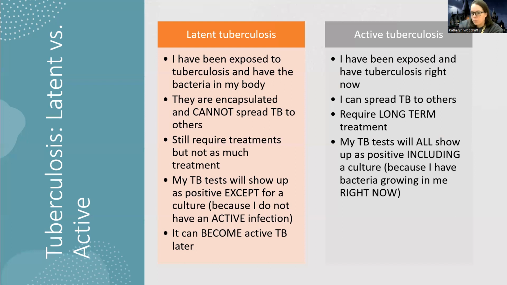What would happen at that point is that my immune system gets overwhelmed by tuberculosis, because we'll think of this like the tuberculosis is stronger than my immune system, or I have a weak immune system, therefore tuberculosis is going to be stronger.